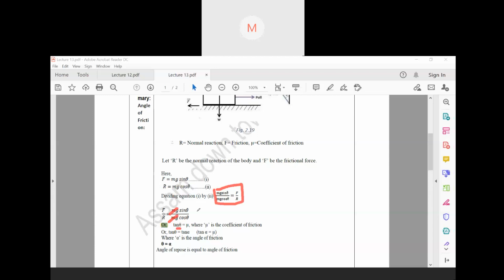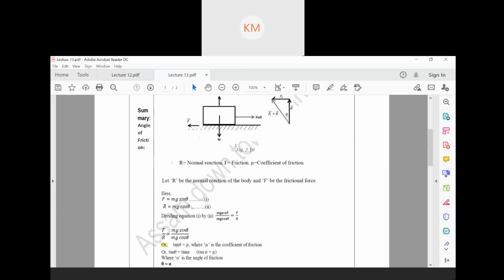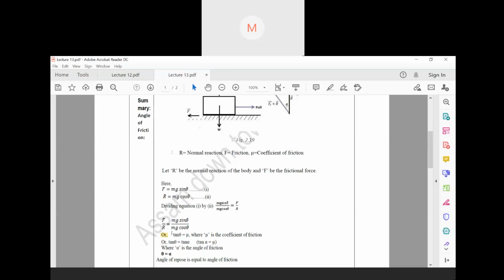Then after that what happens? Look, this tan theta, we already proved that tan theta equal to mu. So we wrote here tan theta is equal to mu, where mu is the coefficient of friction. Now let us think mu is equal to tan alpha.